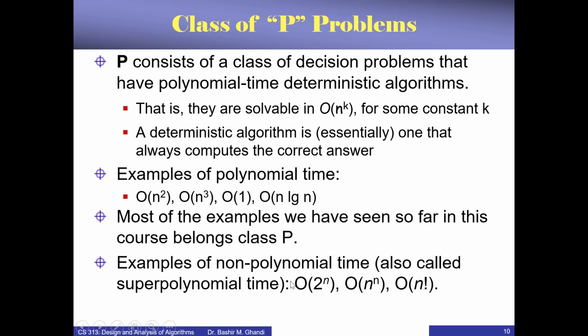So if an algorithm turns out to have one of these, then it is said to be super polynomial. It doesn't belong to the class P. Okay, good.